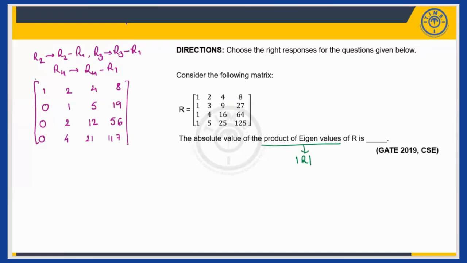Now again, sorry, we are finding the determinant, right? Now again with this one, make the down as zeros. So that means to R3 applying R3 minus 2 R2, and to R4 applying R4 minus 4 R2.